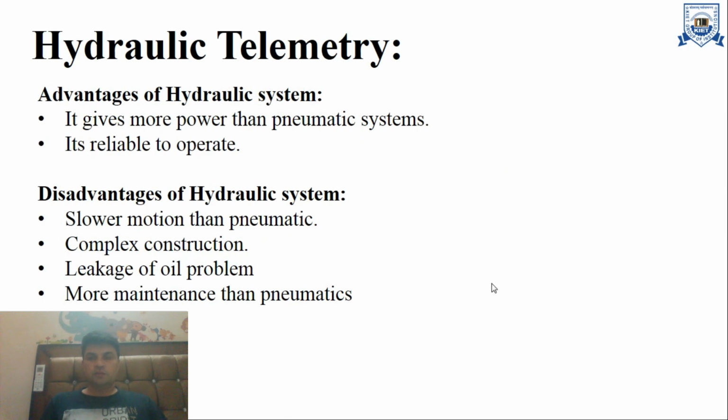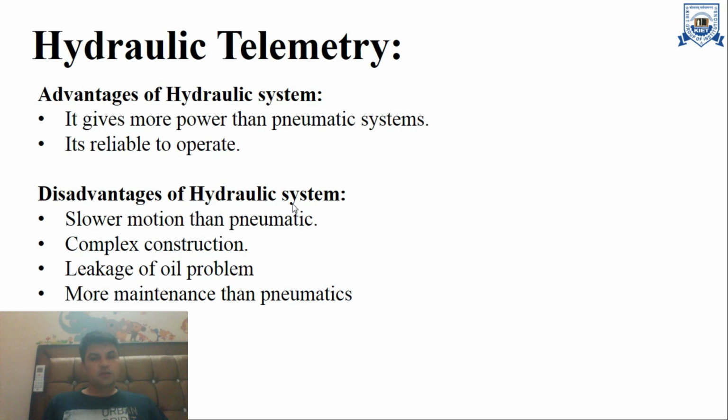Here are some advantages and disadvantages of the hydraulic telemetry system. Advantages: it gives more power than pneumatic systems. It is reliable to operate. Any leakage in the system can be easily detected in hydraulic systems.